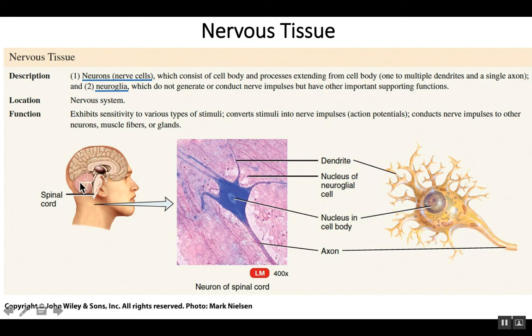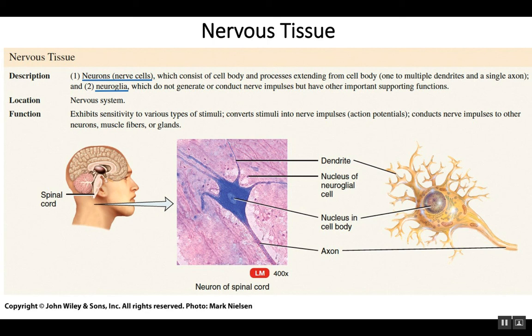You would find it in the brain, you would find it in the spinal cord, and you would find it in nerves, peripheral nerves, that are used to bring information into the CNS, central nervous system, or bring information out of the brain and spinal cord. So we'll learn much more about nervous tissue when we get to the nervous system.